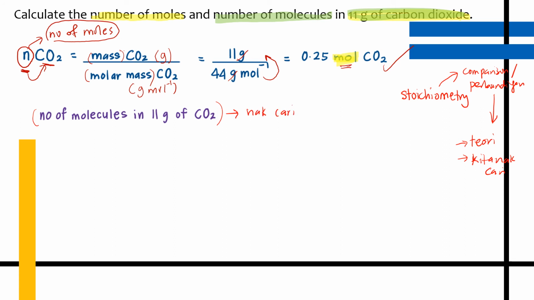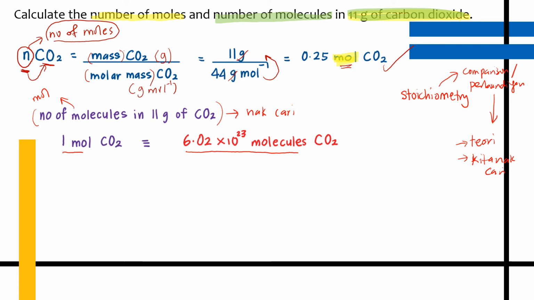Okay, so in theory, jadi kita nak cari number of molecule, kita nak kaitkan dengan apa? Kita akan kaitkan dengan mole. Okay, so secara teori, awak dah tahu 1 mole adalah bersamaan dengan 6.02 × 10^23 molekul. Sebab kita tengah guna carbon dioxide, so it will be molecules lah dekat sini.